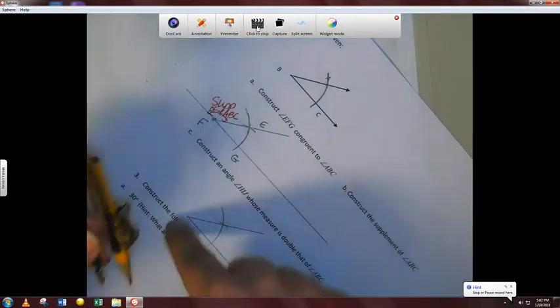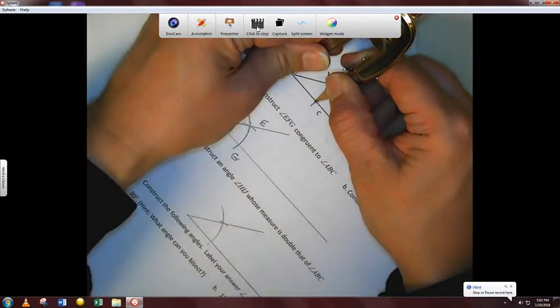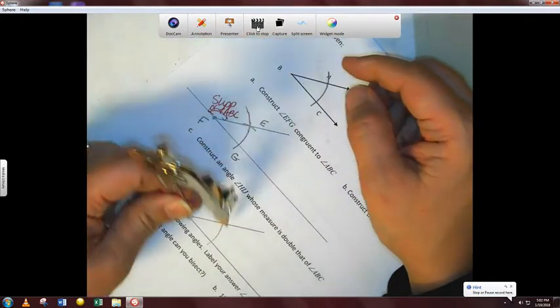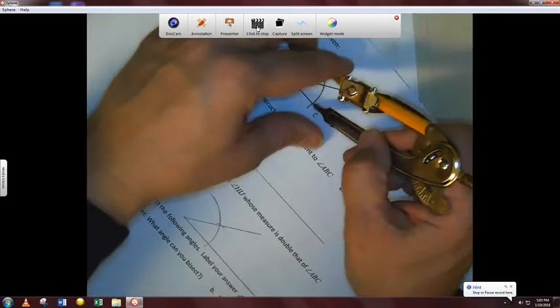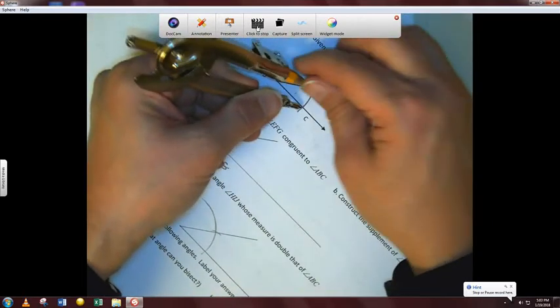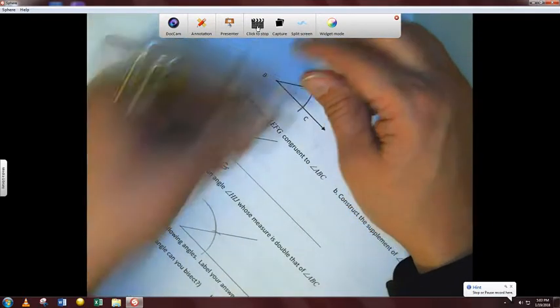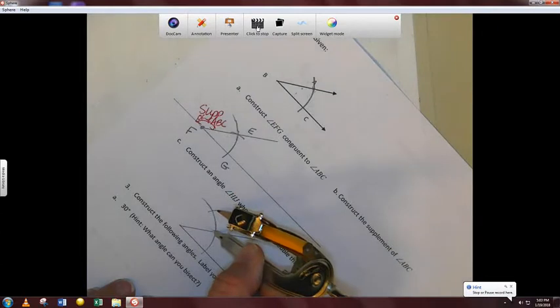Now I'm going to use this as my working line. So I have to use the same radius I did the first time. So we can continue on here. Then we measure how wide it is. And we put our compass point on the working line, which is our second ray from the first angle we drew.